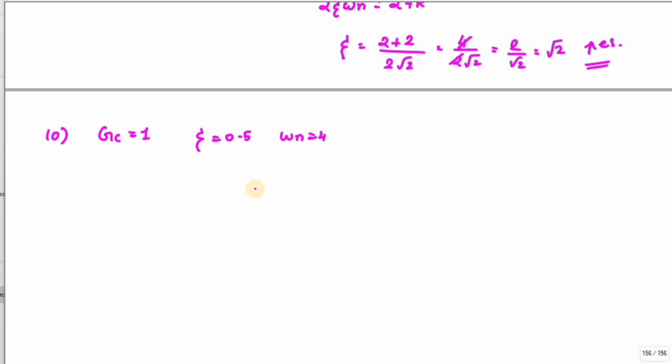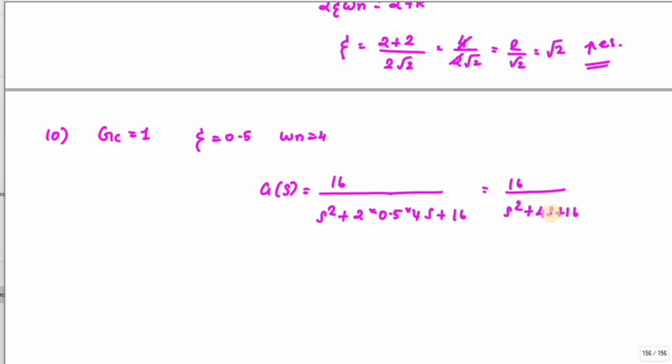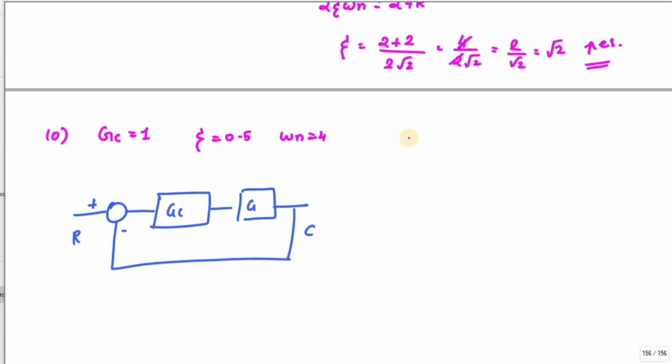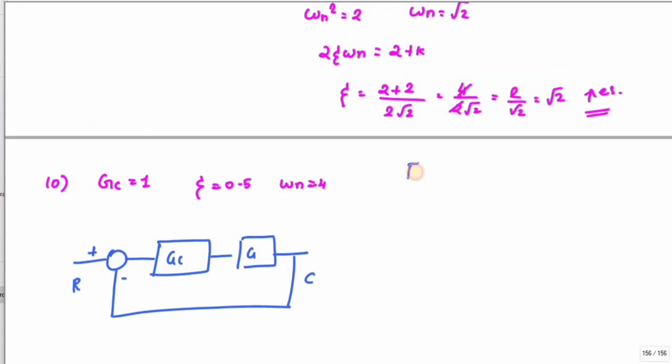Okay, so this is my diagram. If I solve this, I will get g divided by 1 plus g. So g value they have already given, and I have to equate to omega n square divided by s square plus 2 epsilon omega n s plus omega n square.